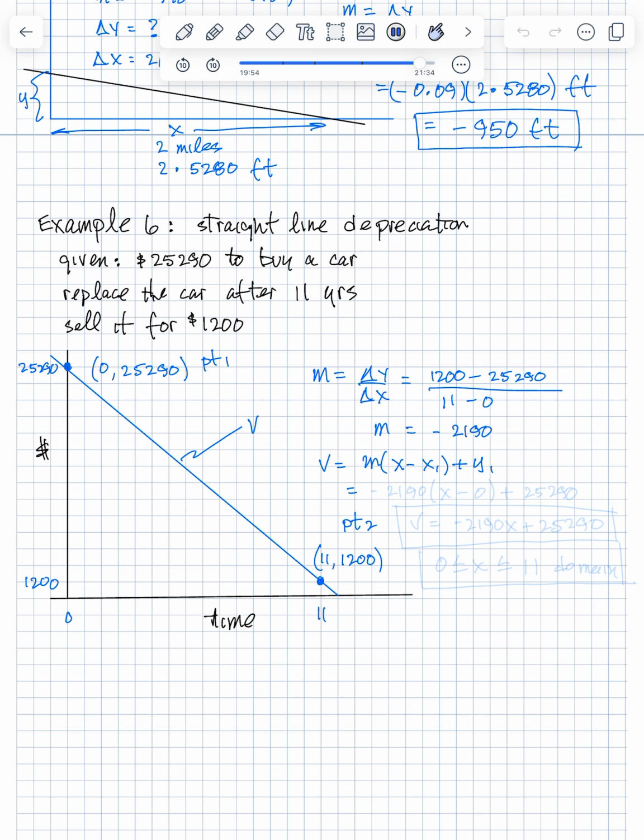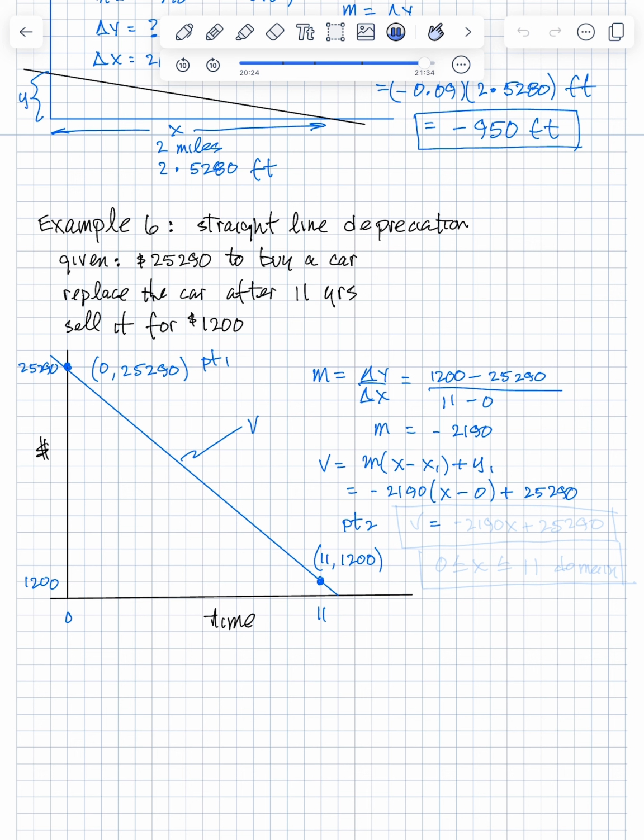So, m is negative 2190 times (x minus 0) plus y1, 25,290.